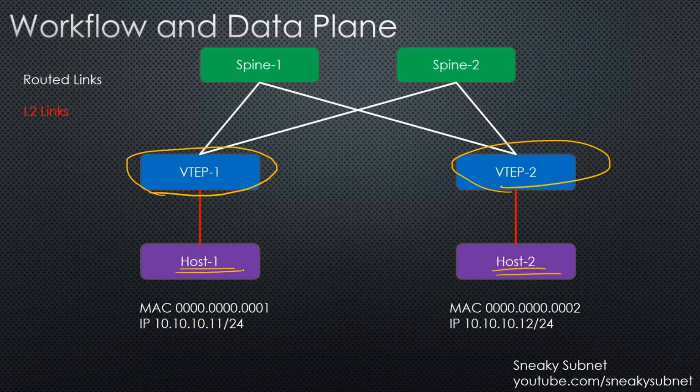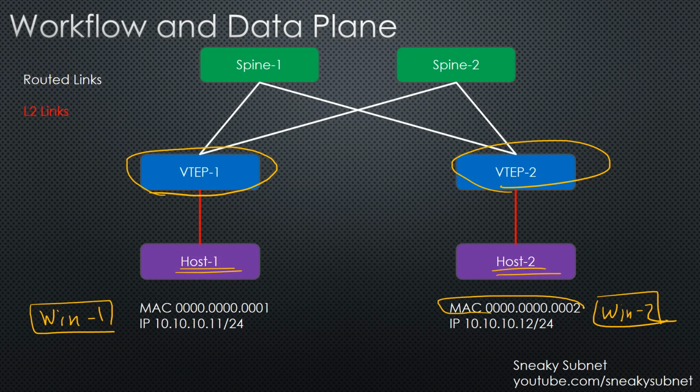And one more assumption at this point. This guy here, I actually don't remember what I told you. Is it Windows or is it Linux? Doesn't matter. Let's say that it is Windows 1. And this is Windows 2. And our next assumption is that these guys somehow populated ARP cache. So when Windows number 1 wants to talk to 10.10.10.12, it knows this MAC address.